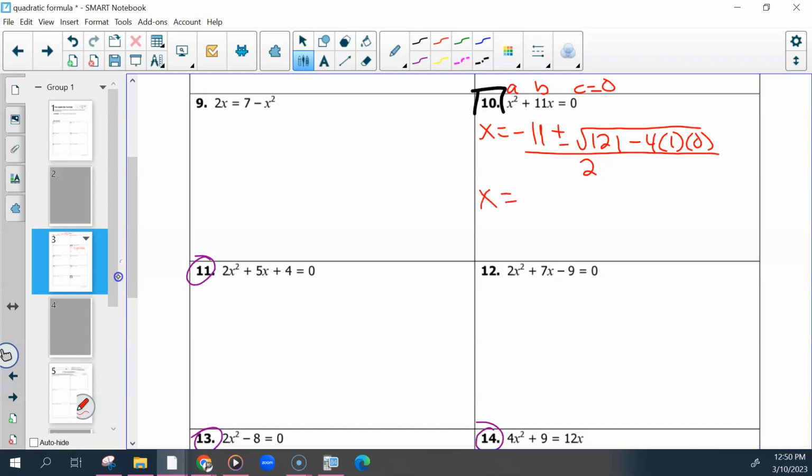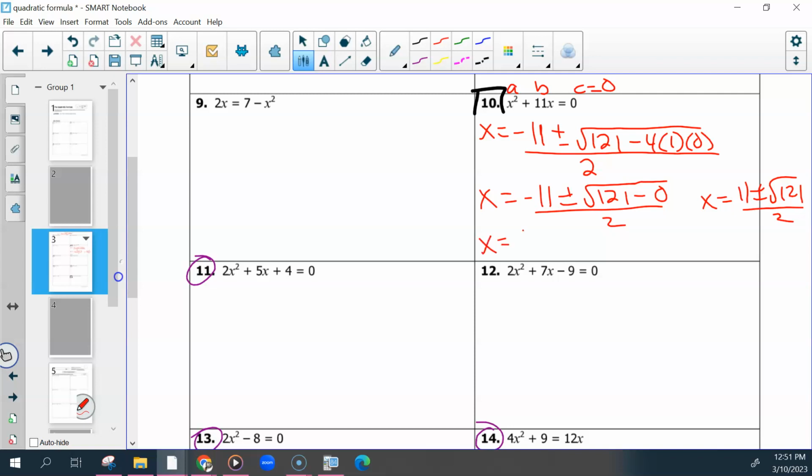Then start to simplify. Negative 4 times 1 times 0 is 0. We have 121 minus 0, which would just be 121. We can do more because 121 has a square root of 11.